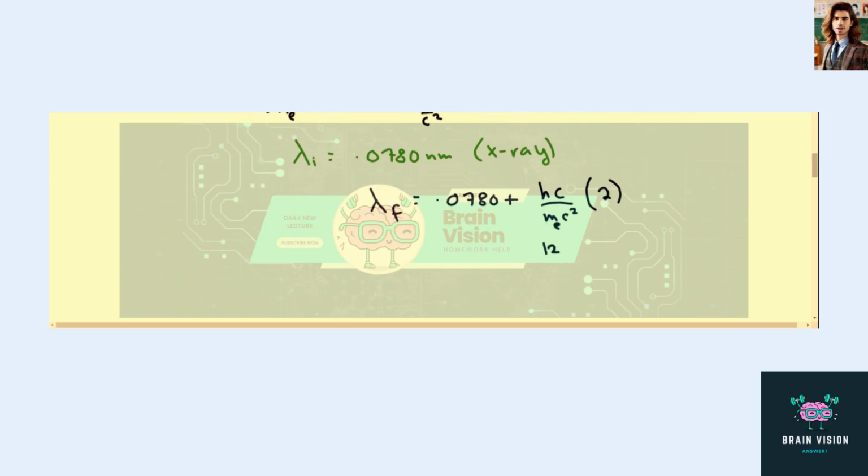The second term is 1240 times 2 eV nanometers, divided by 0.511 times 10 to the 6th eV. So we see that the units work out, of course, in electron volts.